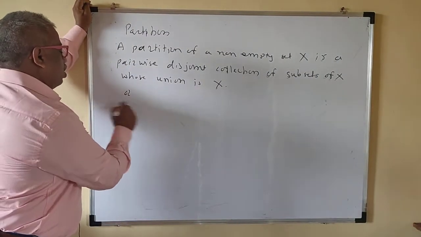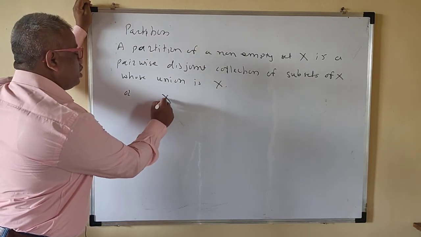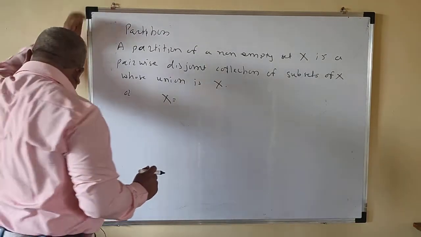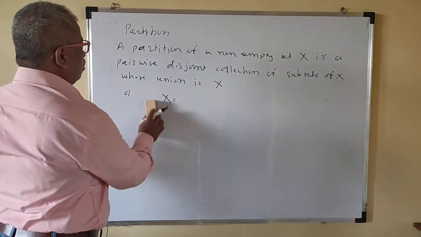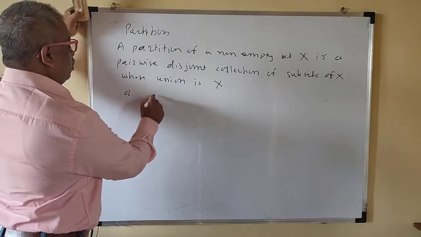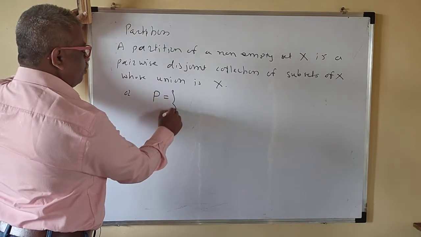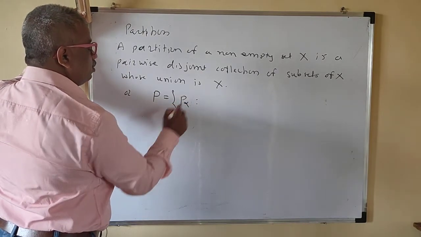Or you may write, X is equal to the union of P alpha, where we denote each subset by P alpha.